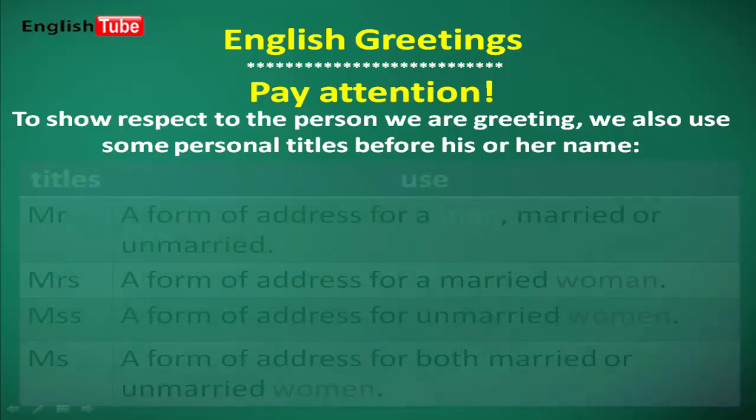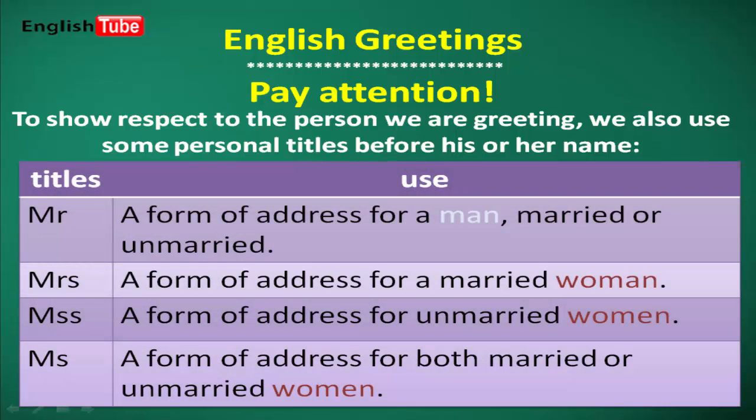Okay? So let us focus on the most common titles used before a man or a woman. A man is in Arabic رجل, okay, ذكر, okay, female, and a woman, امرأة, or a girl sometimes, فتاة, okay. So now let's start with the first title.